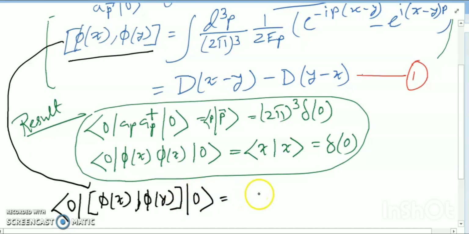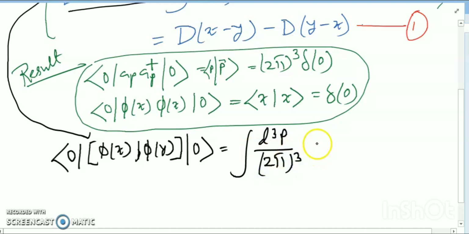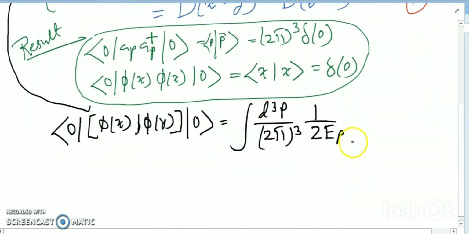So this equation can be written in a simple way, that d cube p divided by 2 pi whole cube, 1 by 2 ep, just using vacuums.